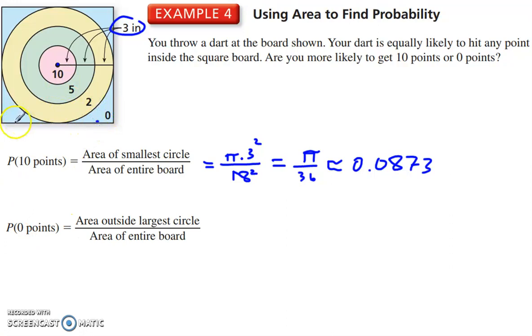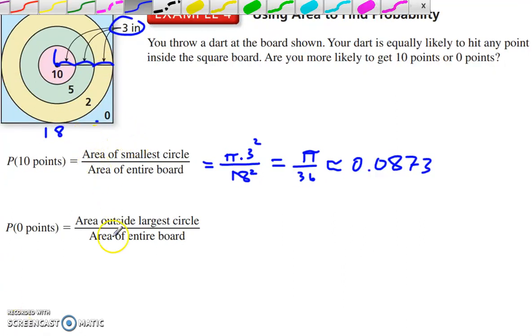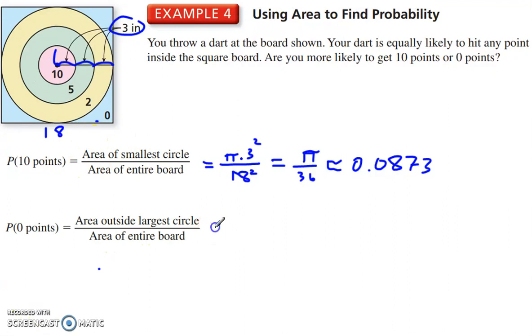For 0 points, I'd have to take the entire board and subtract this large circle right here, where this is 3, 6, 9. So that has a radius of 9. So halfway is 9, which makes this side, the full side, 18. So the outside largest circle is the area outside the largest circle.